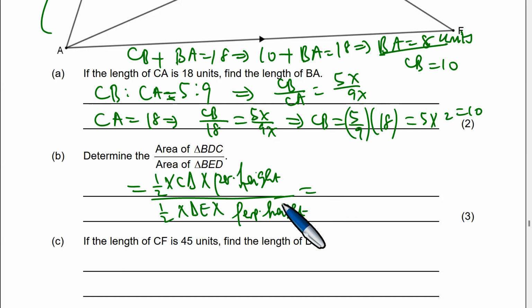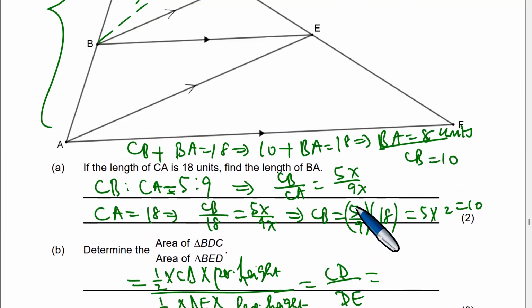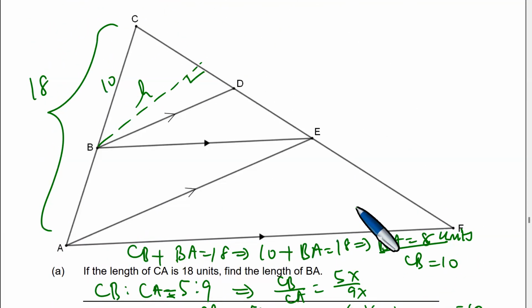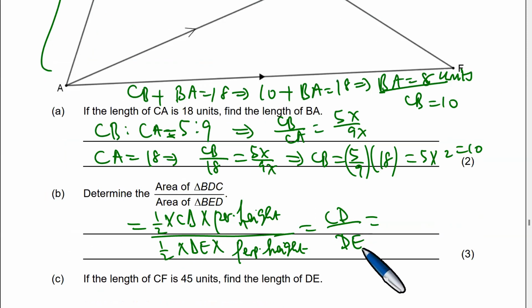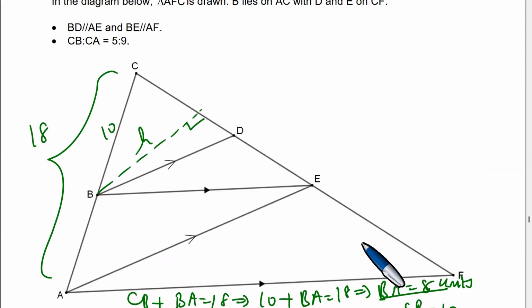Okay, so what is the answer to these? The triangles have the same perpendicular height. So in other words, this ratio here is going to be CD over DE. What is CD? Right, so obviously we're dealing with CD to DE. Prior to that, you've already got BA.